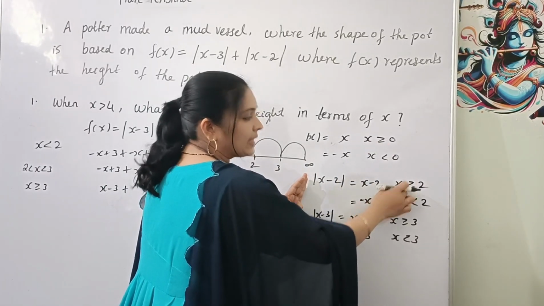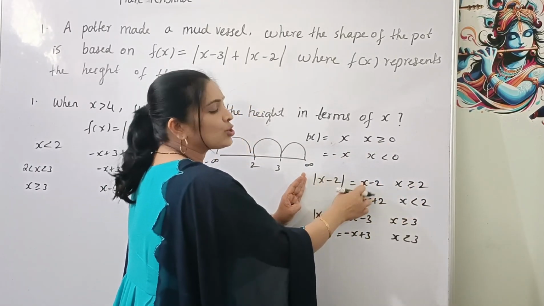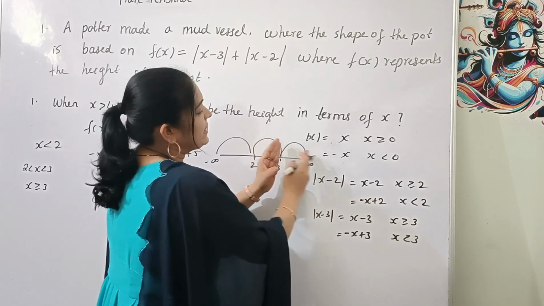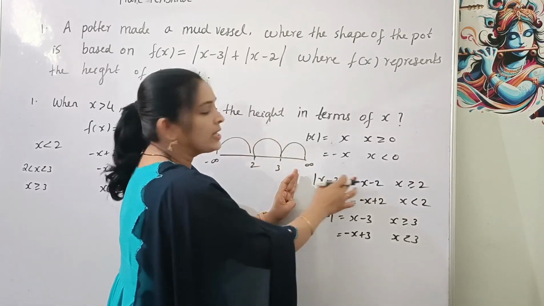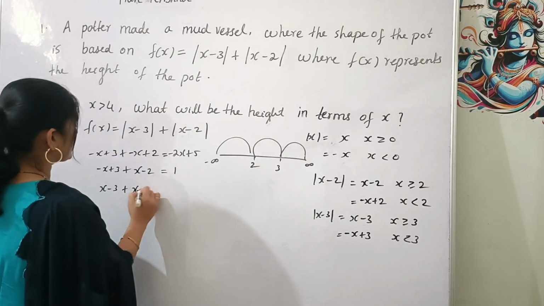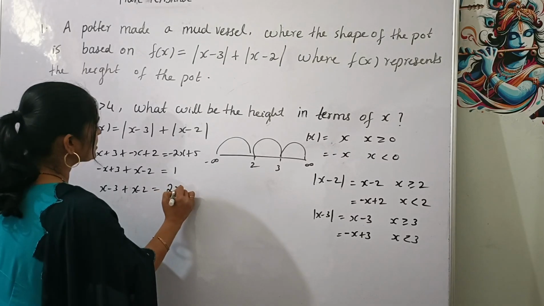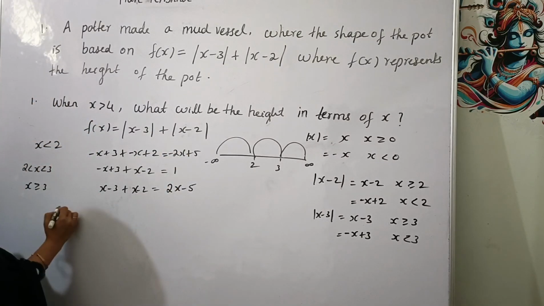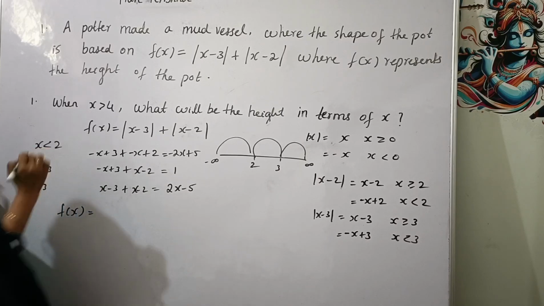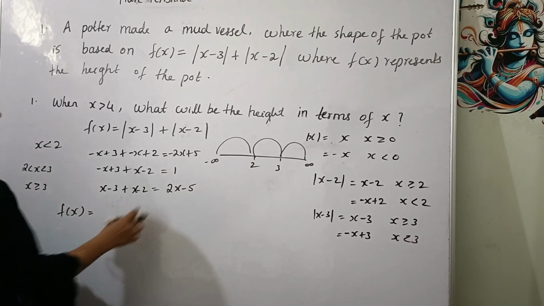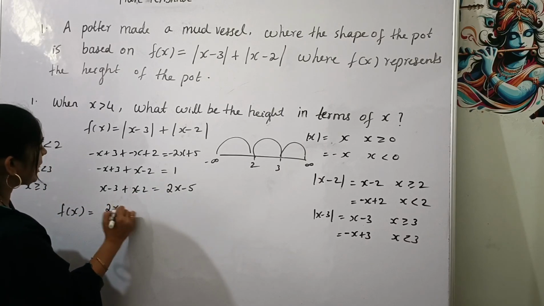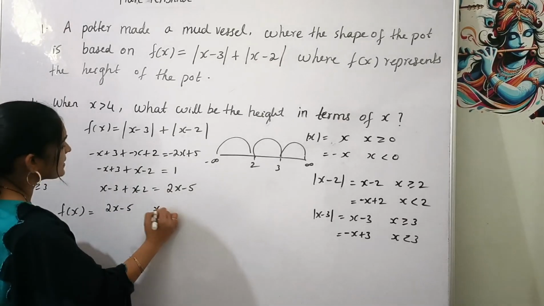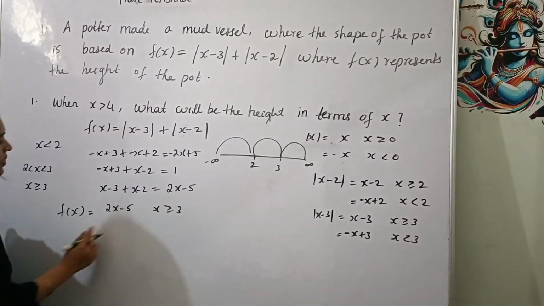When x is greater than 2, |x - 2| is x - 2. So that is equal to 2x - 5. Let's redefine this function: f(x) = 2x - 5 when x is greater than or equal to 3.